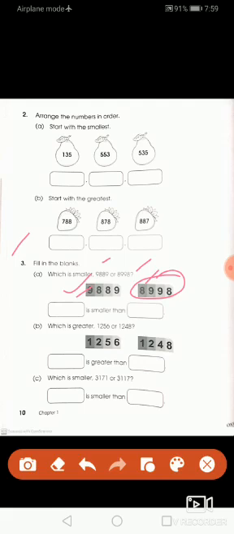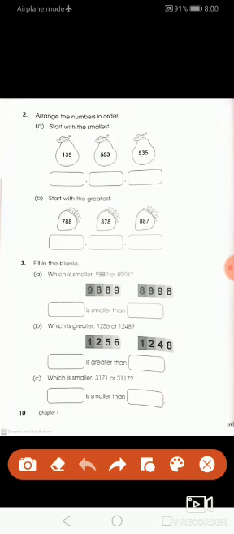You should compare the thousands digits first. If the thousands digits are the same, then you compare the hundreds. But in this question the hundreds digit is also the same. So now you compare the tens. Here 5 tens is greater than 4 tens. So this value is greater than this. I hope you will understand this one.